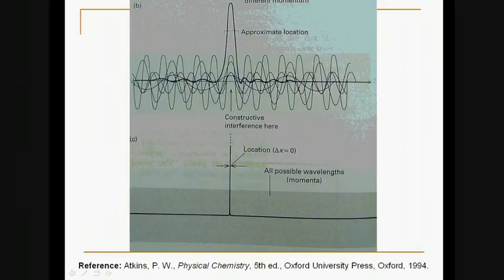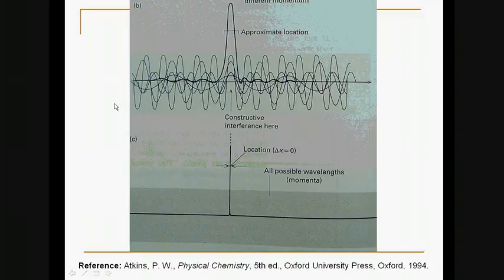Now let's go one step further and look at this top part of this figure. What we have done here is we have added a lot more sine functions and we have superimposed them. If you do so, you will end up with an even more pronounced peak. You'll see it's much narrower, which means that we have a better idea about the approximate location of the particle.